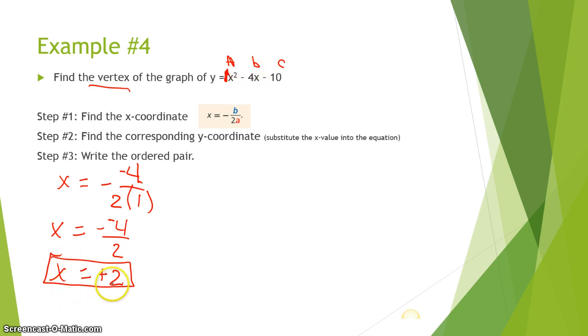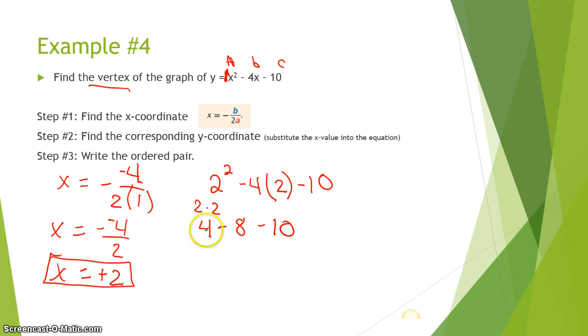I found my x. Now let's substitute that 2 into my equation to find my y. So what I have here is 2 squared, x squared, minus 4 times 2, minus 10. 2 squared is 2 times 2, which is 4, minus 4 times 2 is 8, minus 10. And when I simplify this, I'm going to get y equals negative 14.